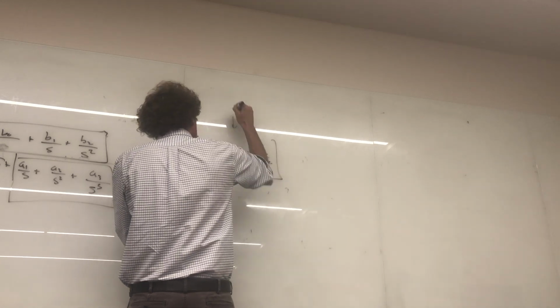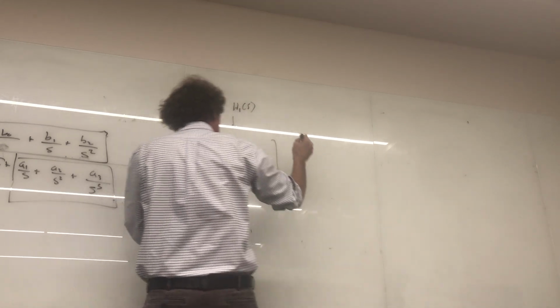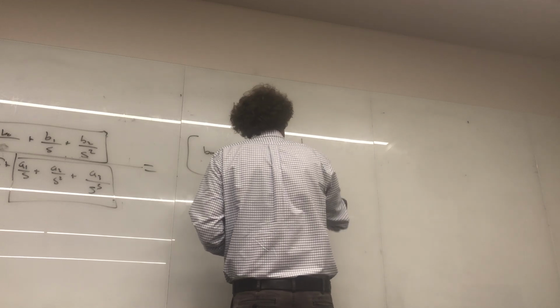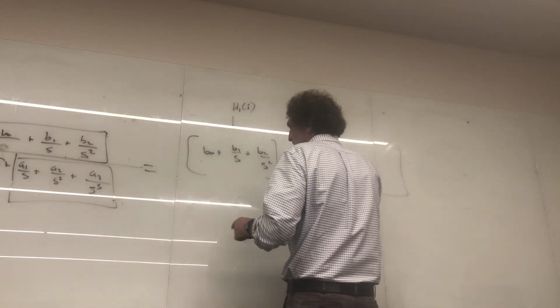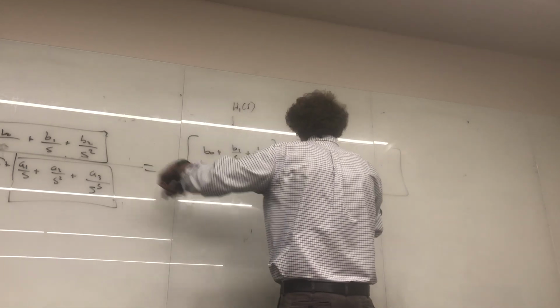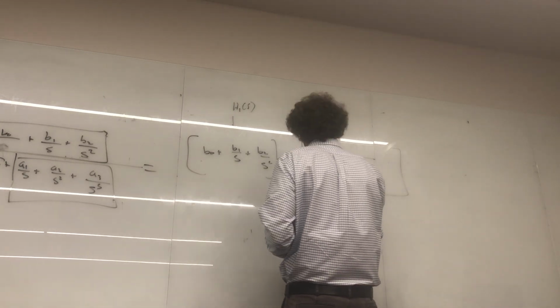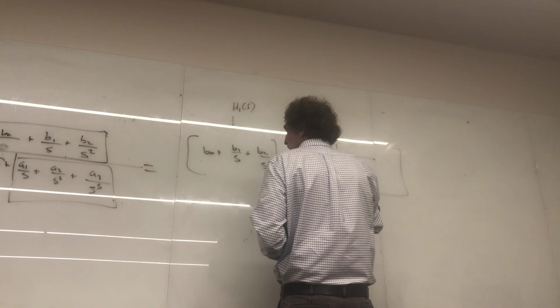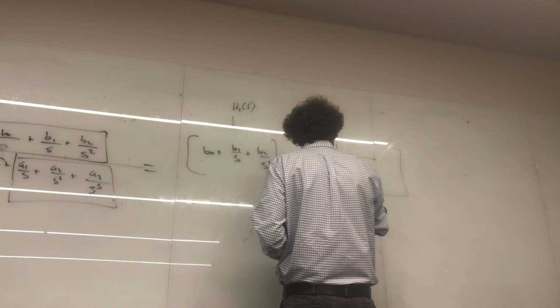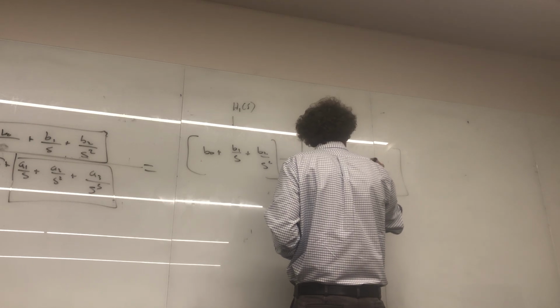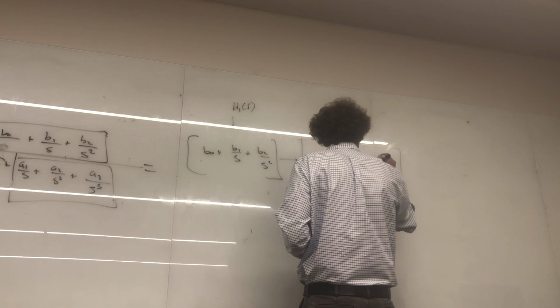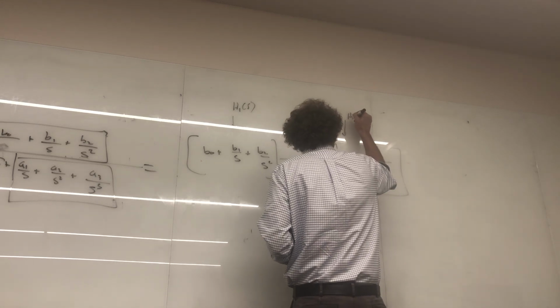Just call that H1 of S. I'm going to show you the simplest way. Then that's going to feed into another transfer function. That other transfer function is going to be 1 over 1 plus A1 over S plus A2 over S squared plus A3 over S cubed. And this would be H2 of S.